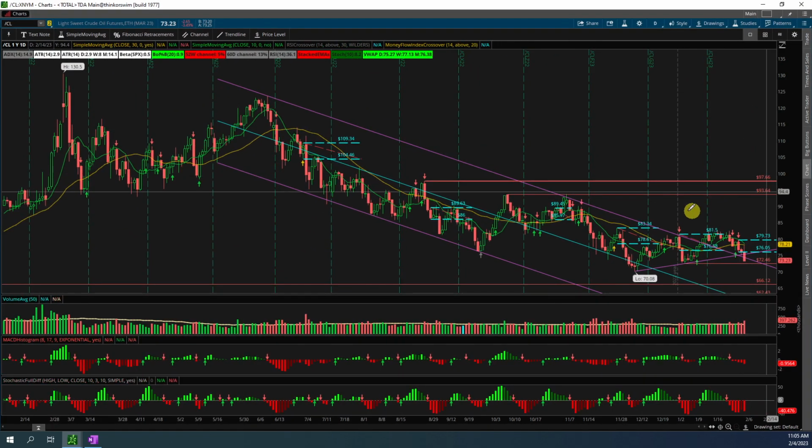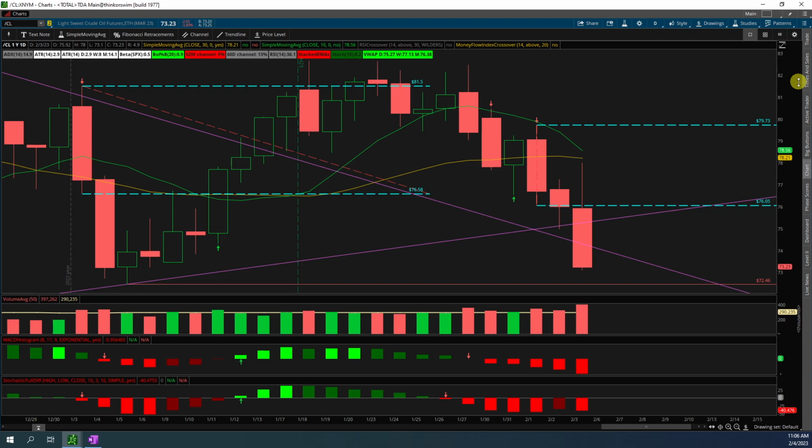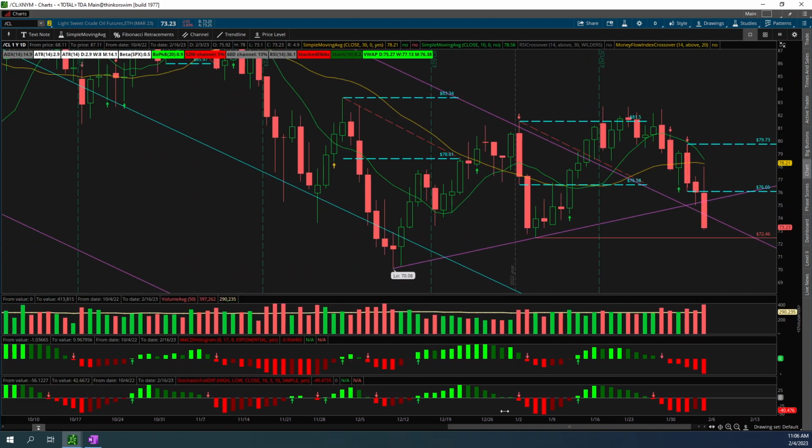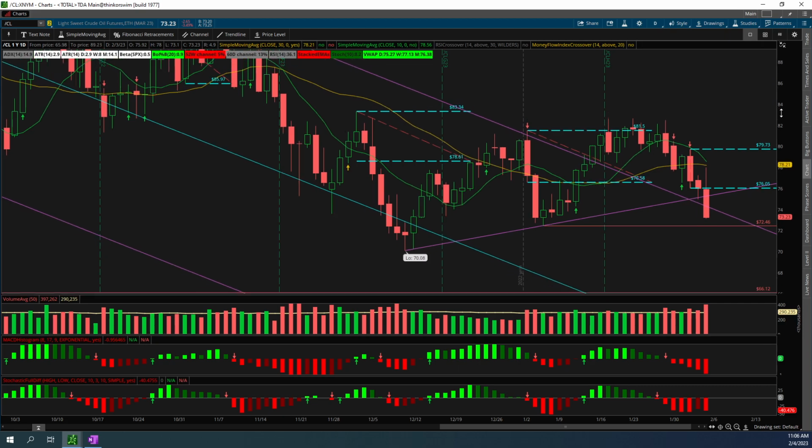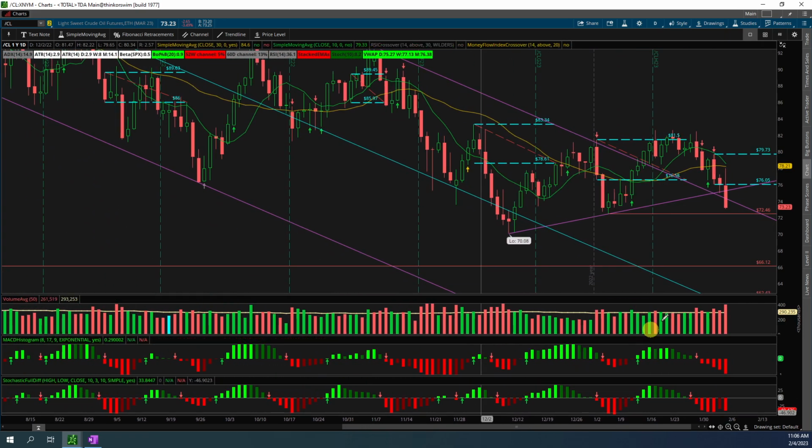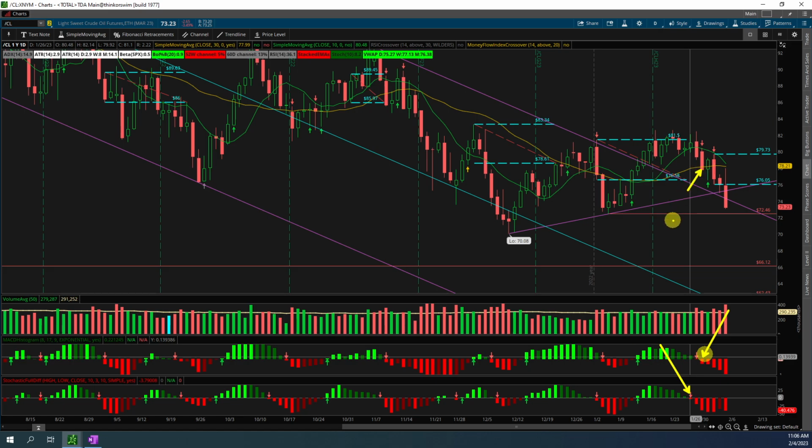I have again the MACD and stochastics here, both pointing to the downside in the daily, so that is not a good sign for sure. And then you have the dailies coming below the 30 days moving average. This is not a really good sign at all. So you have arrows pointing down everywhere in every direction.